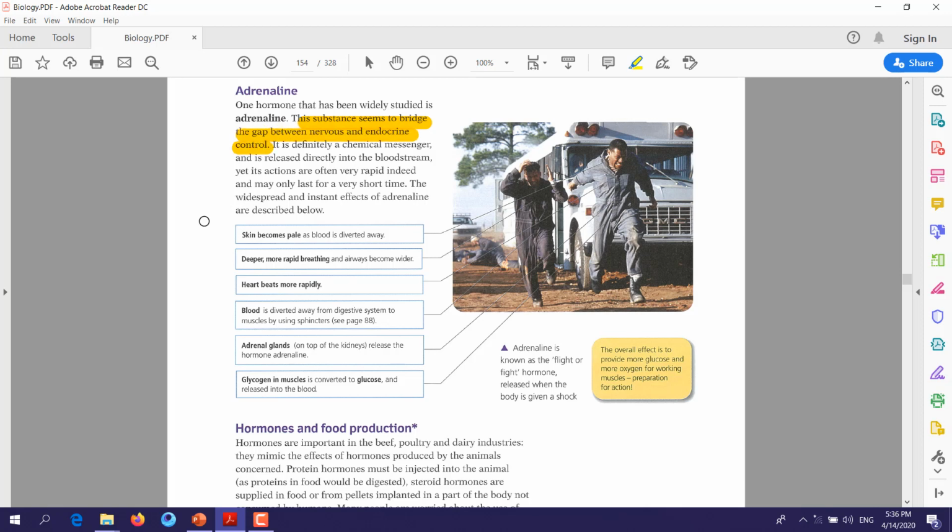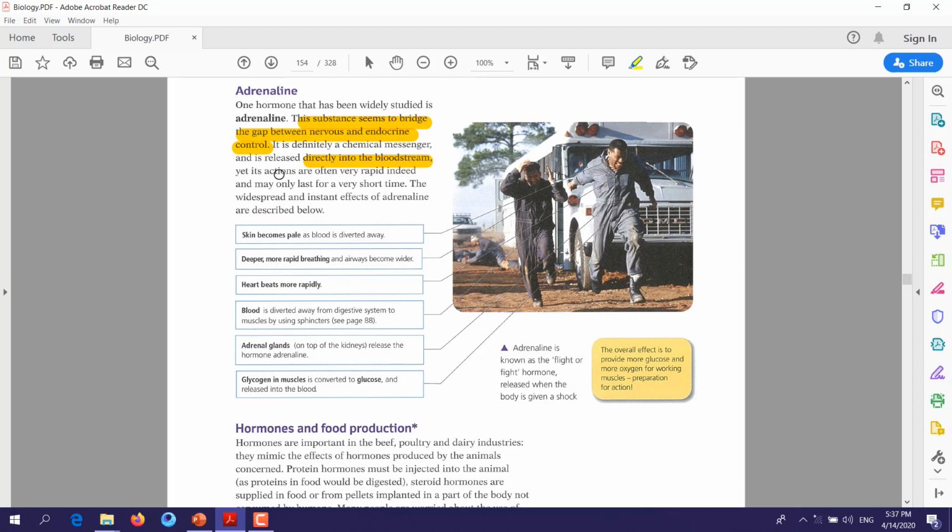As we explained before, the nervous system and endocrine system are connected with each other. So this hormone is like a bridge between these two systems. It is definitely a chemical messenger, and it's released directly into the bloodstream.